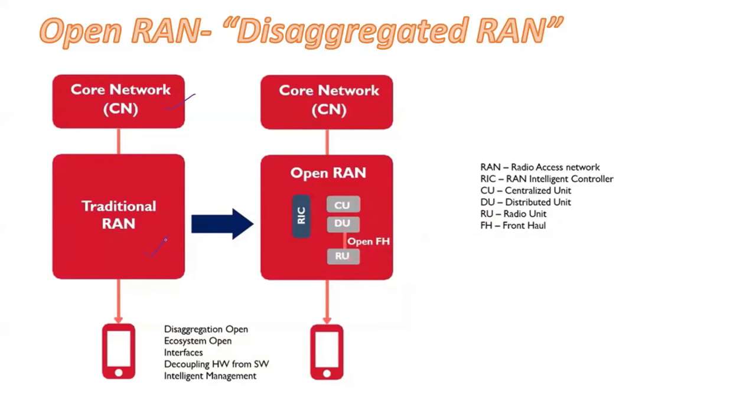There will be use of GPP hardware, general purpose processor hardware. The hardware will be open source and the software will be open source and interfaces will be open also, so that you can interconnect different equipment from vendor A to vendor B, vendor B to vendor C, and so on, right? And importantly, there is one more thing called RIC.